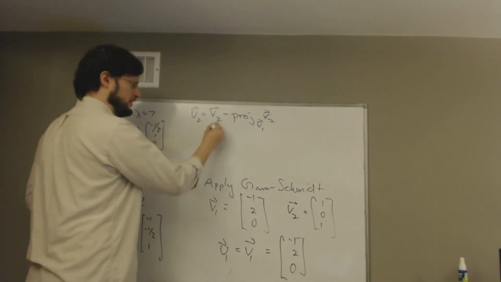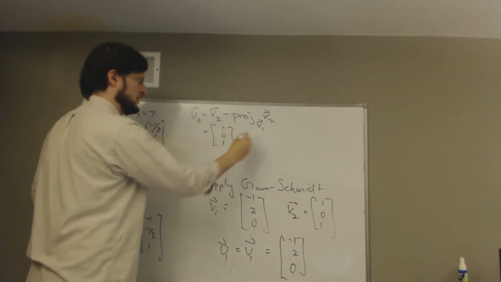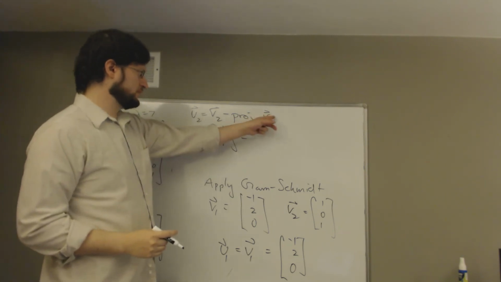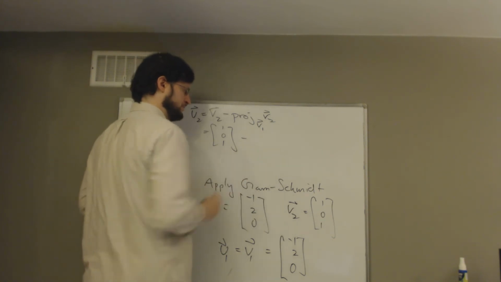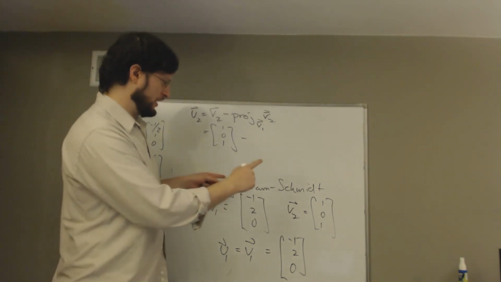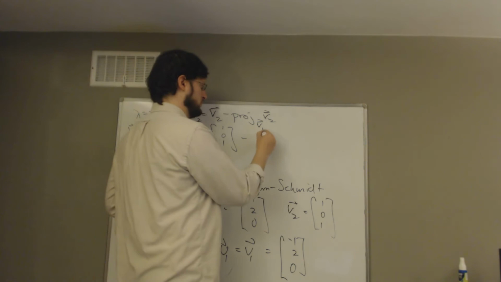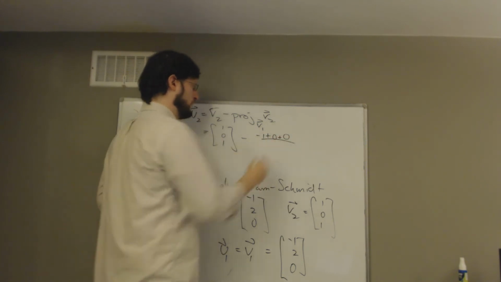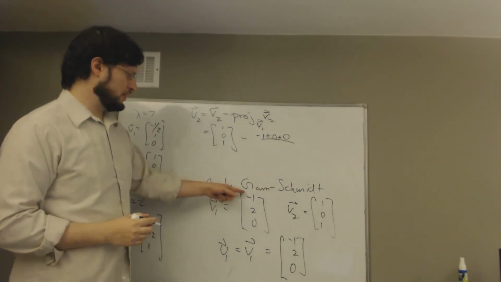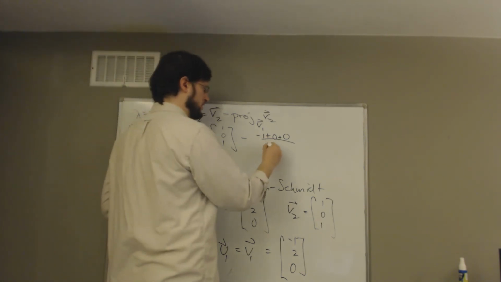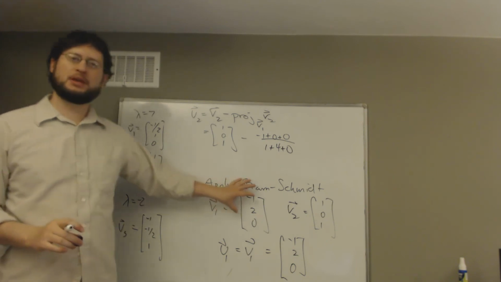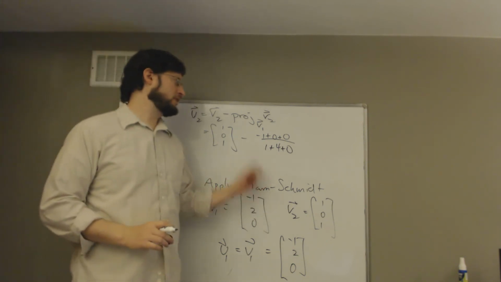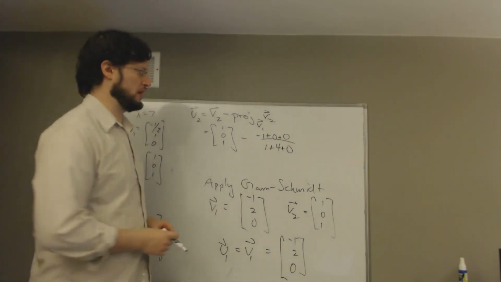So that is 1, 0, 1 minus the projection of v2 onto v1, which is v2 dot v1, which makes -1 plus 0 plus 0, over v1 dot itself, which is 1 plus 4 plus 0. Again, this is why we scaled v1 up, because having fractions in there just makes this calculation more complicated.